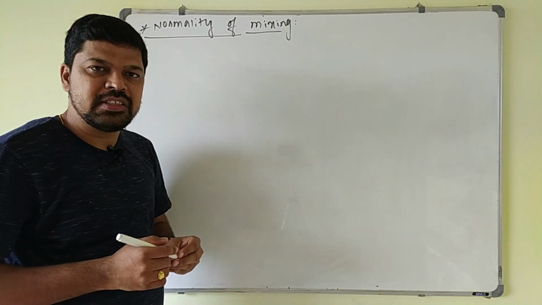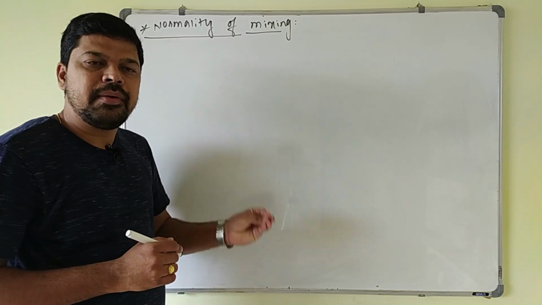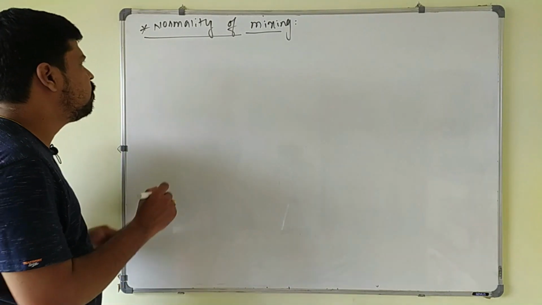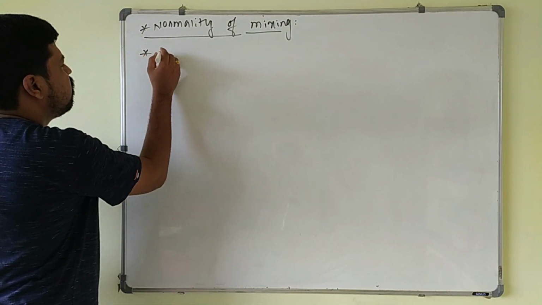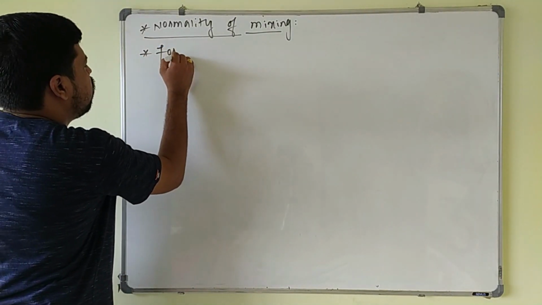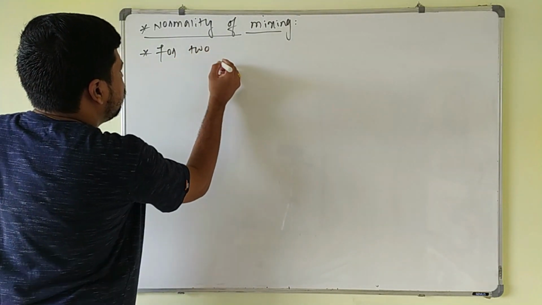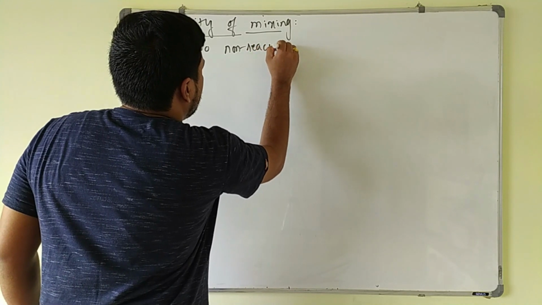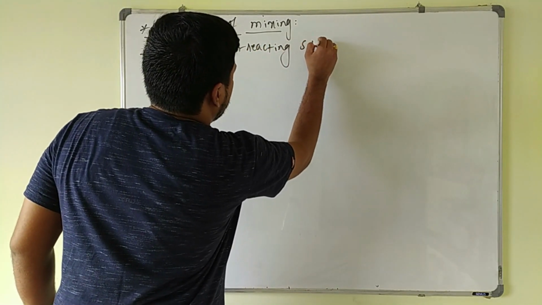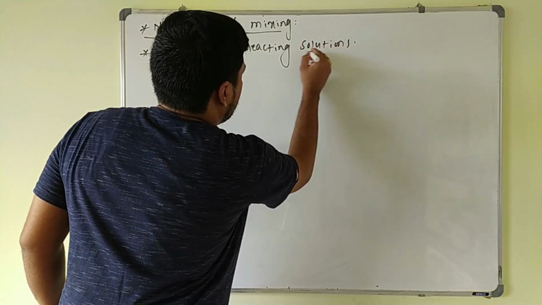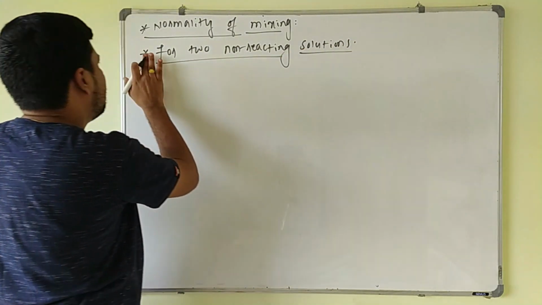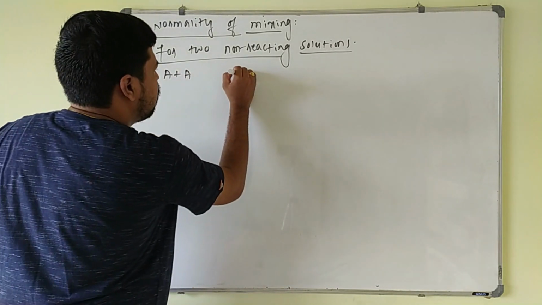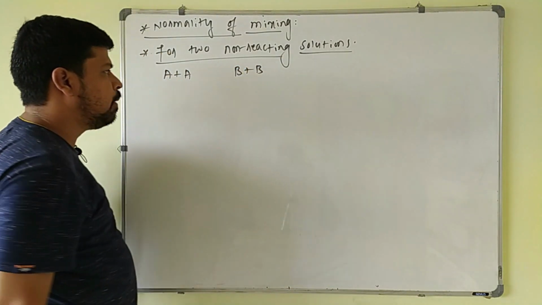There are 2 points here, that is you can mix two non-reacting solutions or you can mix two reacting solutions. For two non-reacting solutions, first point we will write, for two non-reacting solutions means you can add acid with acid or you can add base with base.